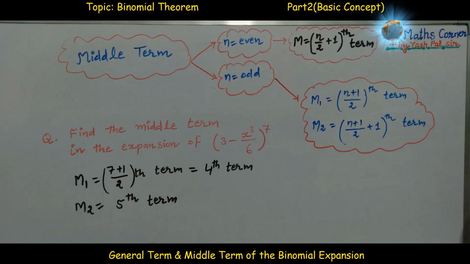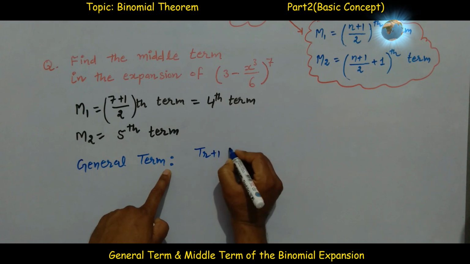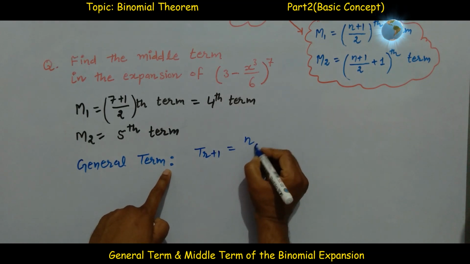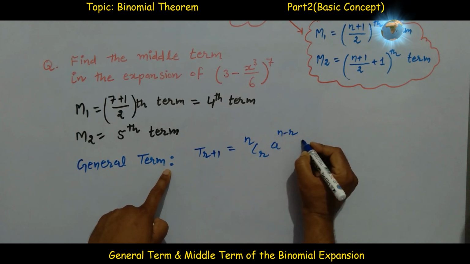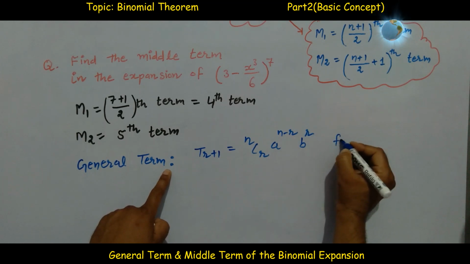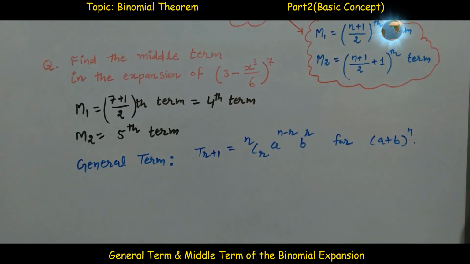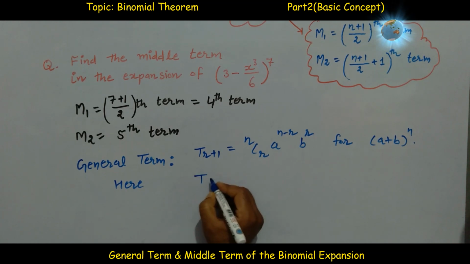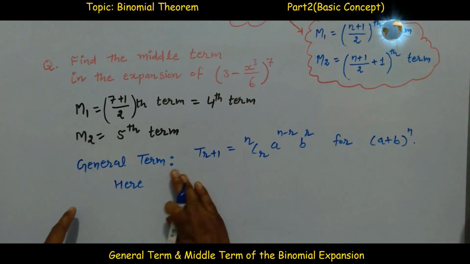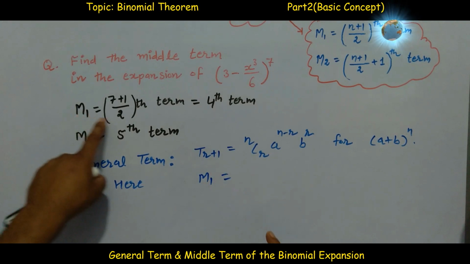Now the need is, what is the general term? The general term T(r+1) is equal to nCr a^(n-r) b^r for (a+b) whole raised to power n. So here in this question, T(r+1), we are going to find m1. m1 means the fourth term.